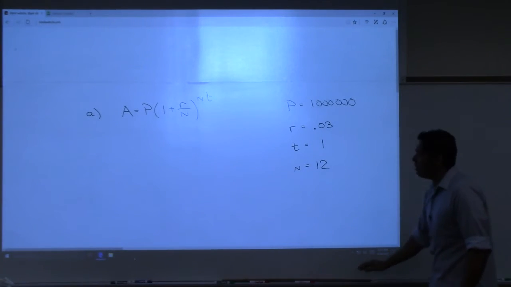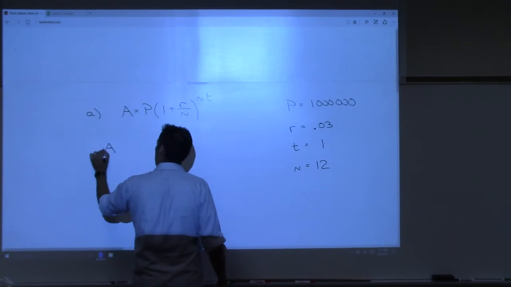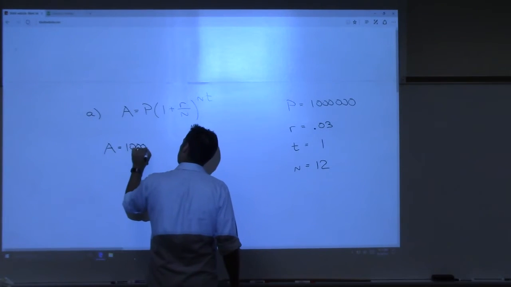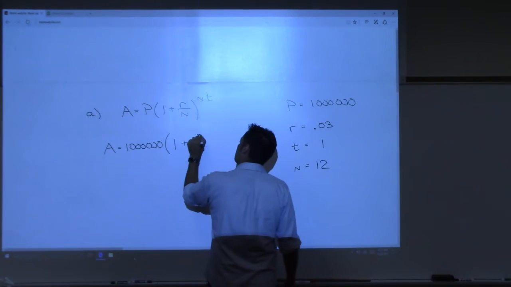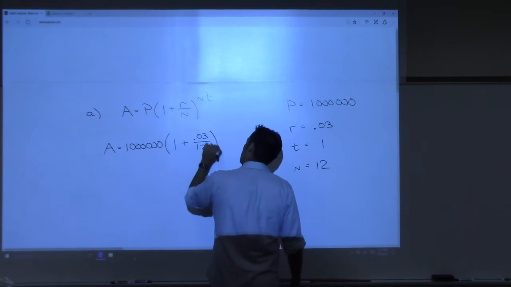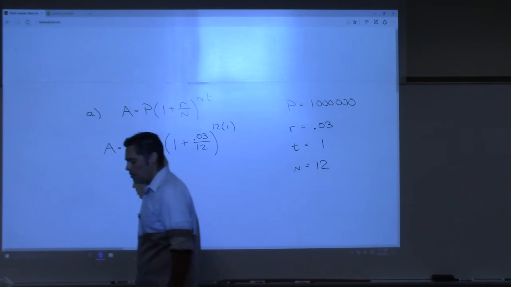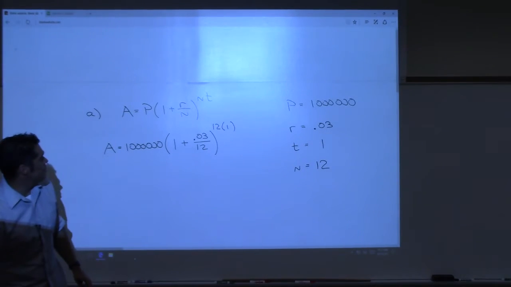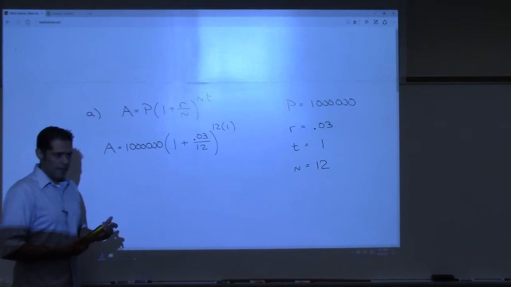All right, so now what I'm going to do is just plug everything in this formula. I have A equals 1 million, parentheses 1 plus 0.03 over 12 raised to the 12 times 1. Now we have to make sure we do our order of operations correctly here. You're always supposed to do what's in parentheses first, right?